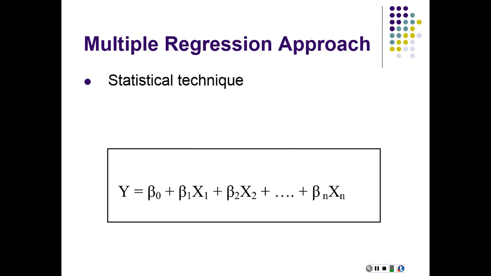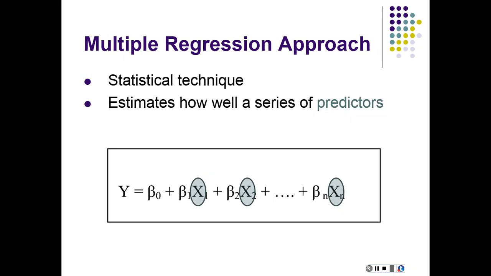Because multiple regression is a statistical technique that's a lot like a correlation. The difference is you're factoring multiple variables in at one time rather than just two at a time. The idea with a multiple regression is that it's going to estimate how well a series of predictors, I put little circles around the x's because the x's are the predictors. So whatever the variables are, you've got x sub 1, maybe that's SAT score.